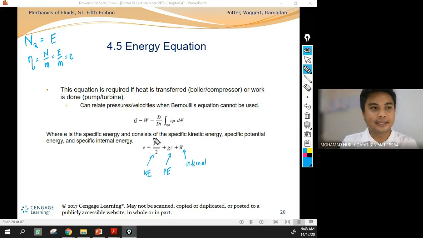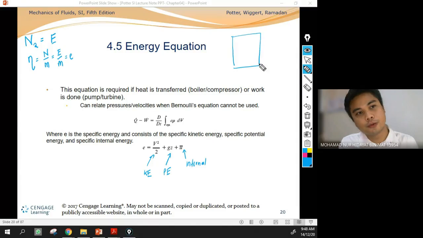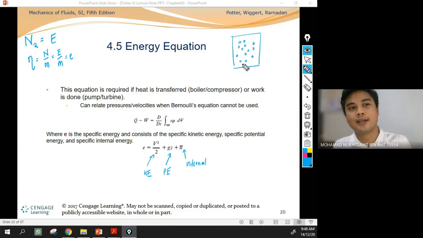The internal energy is like this. This is the control volume. Under a microscopic view, very small, there are particles. So what do you think under normal condition the particles will behave like? Please comment there. There are many behaviors. Please state any behavior of particles.